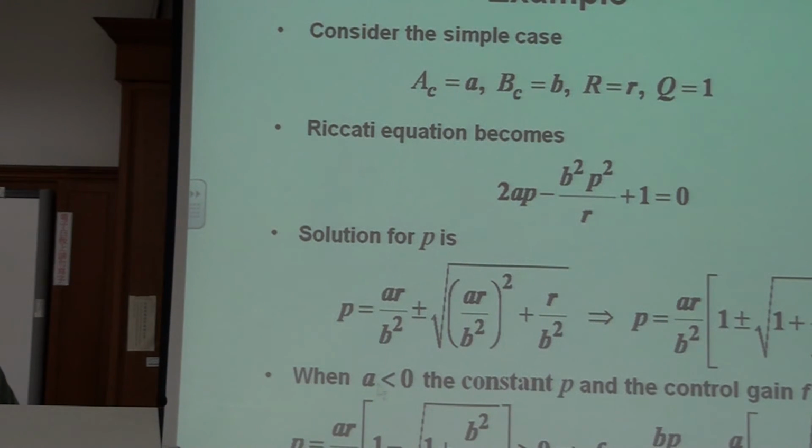For a stable system, the negative is the one to use. For an unstable system, the positive is the one to use. P has to be positive. When R goes to infinity, this becomes 0, then 1 minus 1 equals 0.